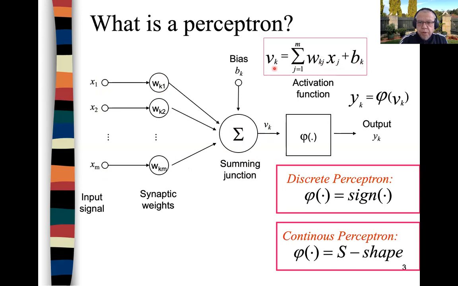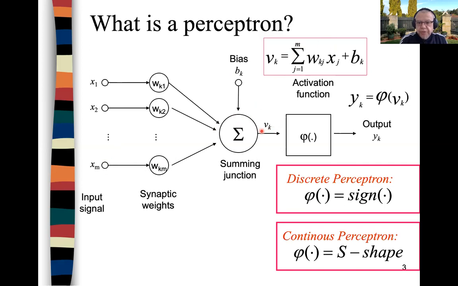This is for node k. So it is x1 wk1 plus x2 wk2 up to xm wkm, and then we add a bias here.